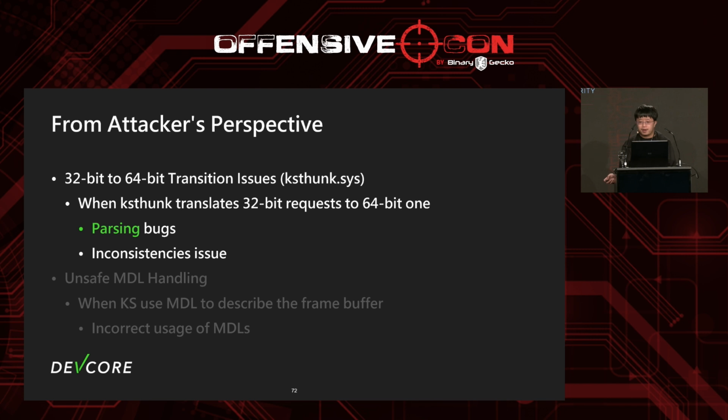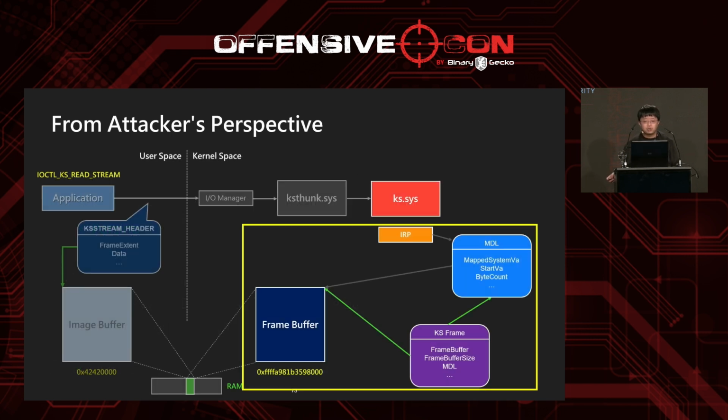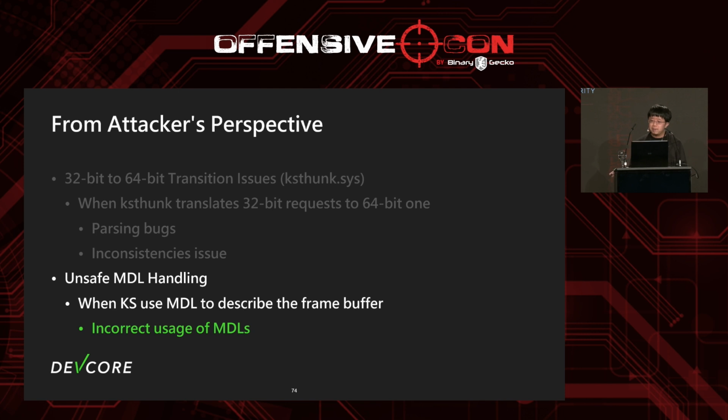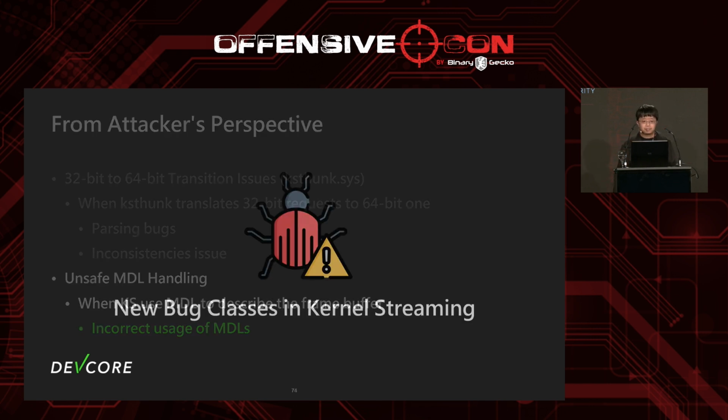It might also lead to inconsistency issues. Another interesting target is how case manages the frame buffer. If MDLs are misused during frame buffer handling, it can lead to various memory corruption issues. We will look at some cases of them.